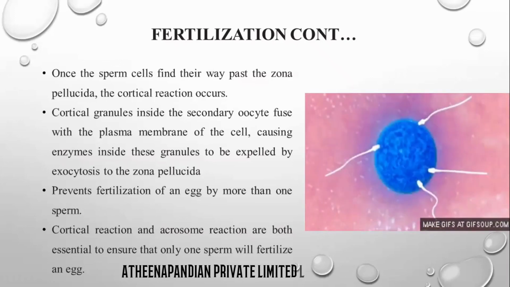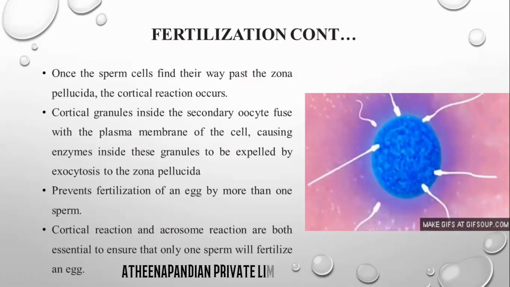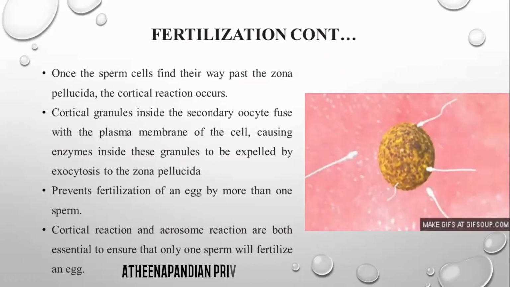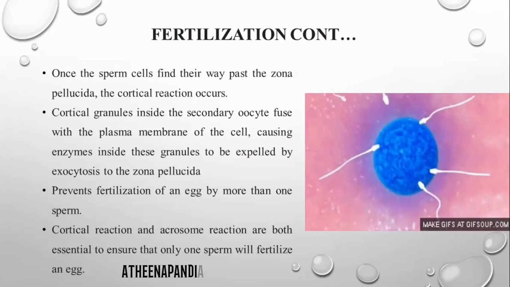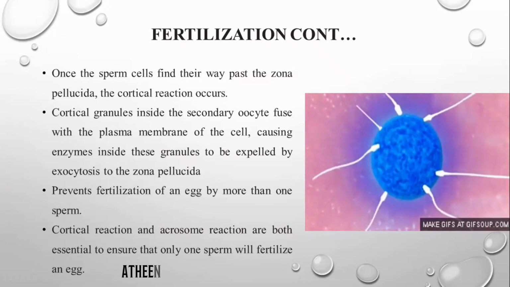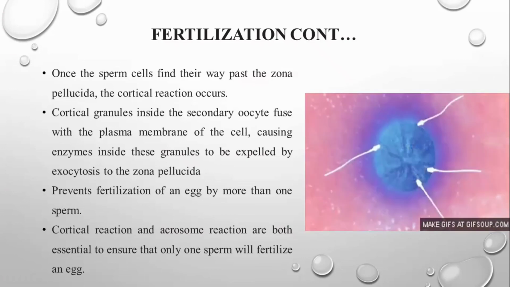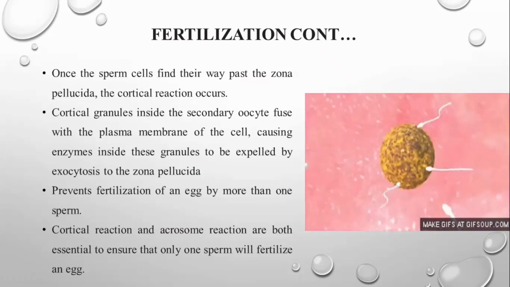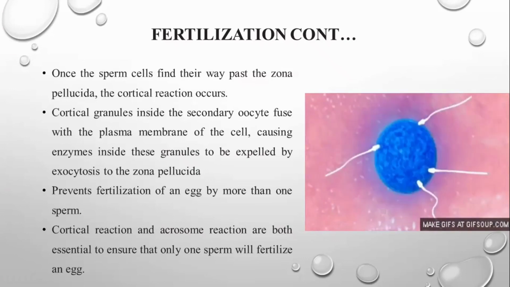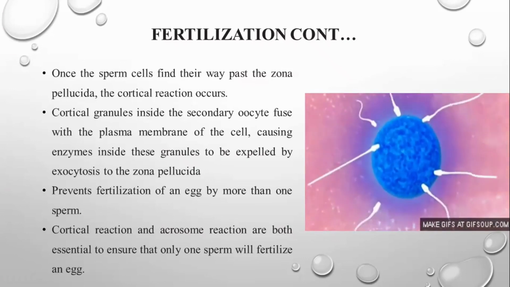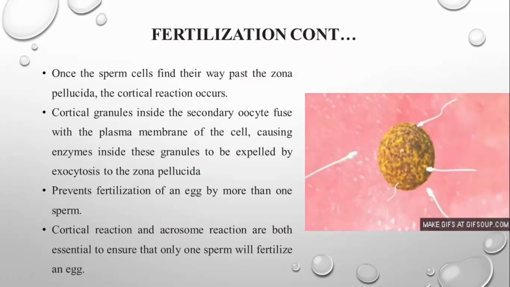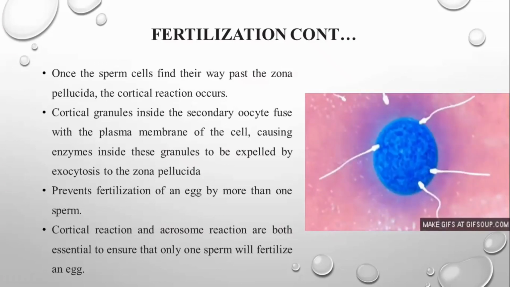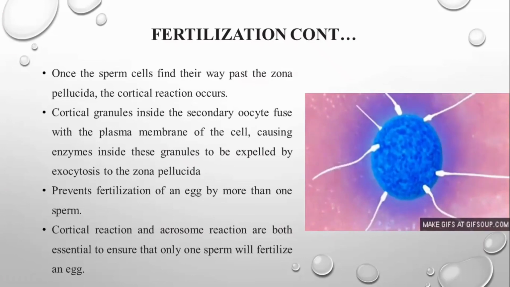So in case two ova are released, one on each side, the sperms will split, half moving towards one ovum and half towards the other. Both ova get fertilized and develop into zygotes, and these become non-identical twins. Why?